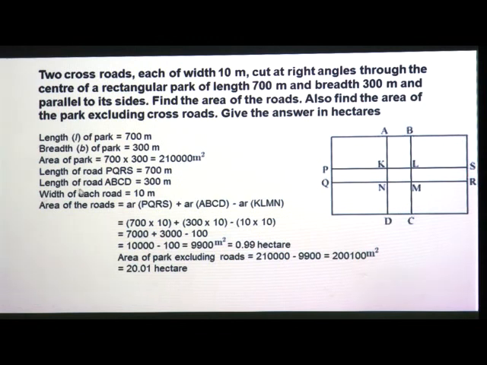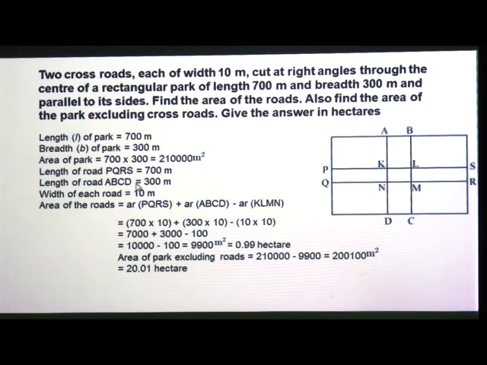Then the length of road ABCD is 300 meter, because length is 700 and breadth is 300. The roads are parallel to the length and breadth. So, PQRS is parallel to this base, and ABCD is parallel to this breadth.